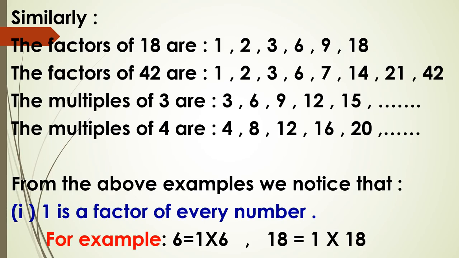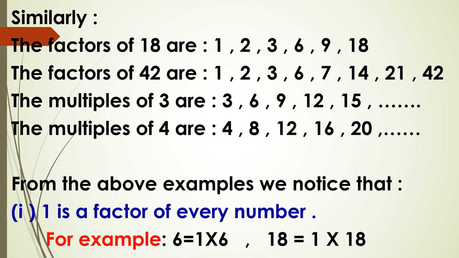See, when we are finding the factors of 6, 1 6 is 6. When we are finding the factors of 18, 1 18 is 18. When we find the factors of 42, 1 42 is 42. So in the table of 1, every number will come. So we can say that 1 is a factor of every number.